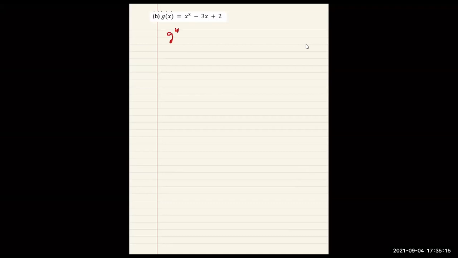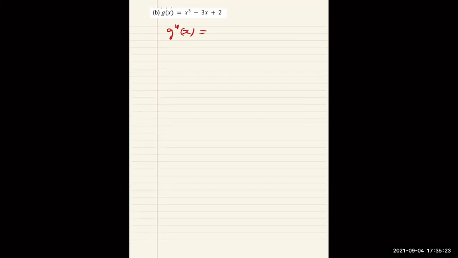If you find g double prime of x for this function, you will get 6x. I will leave it for you to verify that. If you take the second derivative of this one, you should get 6x. Now we construct the sign chart for this function g double prime. Notice that the 0 of g double prime is x is equal to 0.